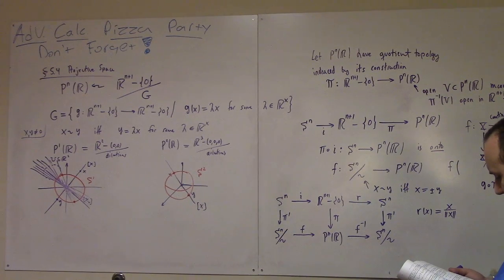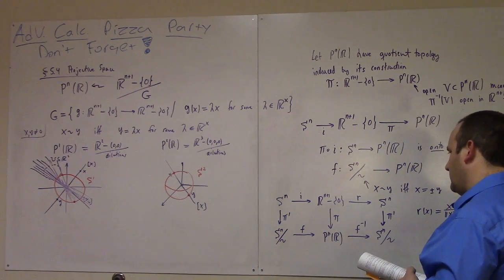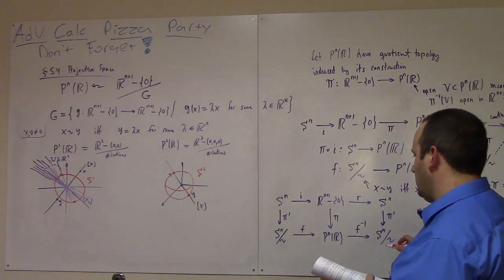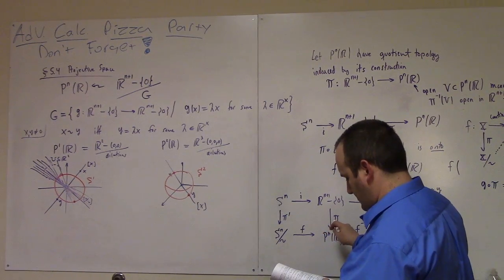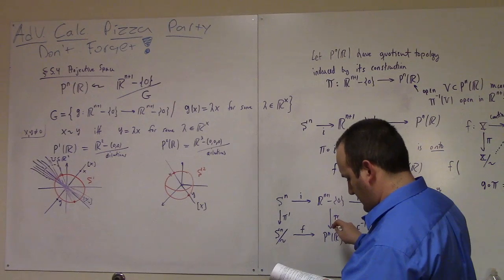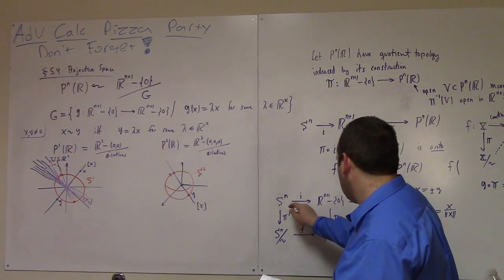So he says pi composed with I, and pi prime composed with, so pi composed with I is what? In this picture, pi goes from Sn to Pn.